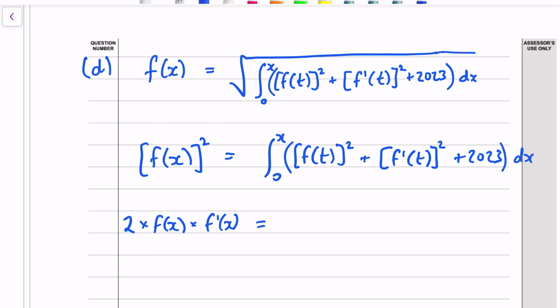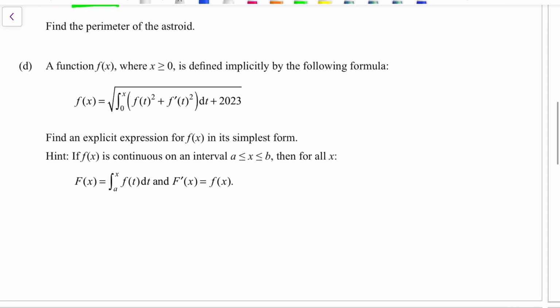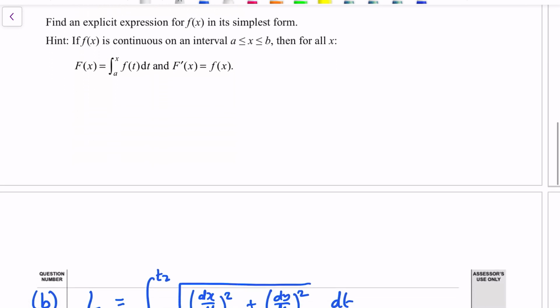Now the right-hand side, this is the really sneaky part. If we differentiate this with respect to x, actually we lose the integral symbol because the bottom limit is a constant and the upper limit is x. We end up just with f of x squared. Actually, hold up, where is that 2023? I think I've stuffed this up. The 2023 is not being integrated. It's underneath the square root, but it's not in the integral.